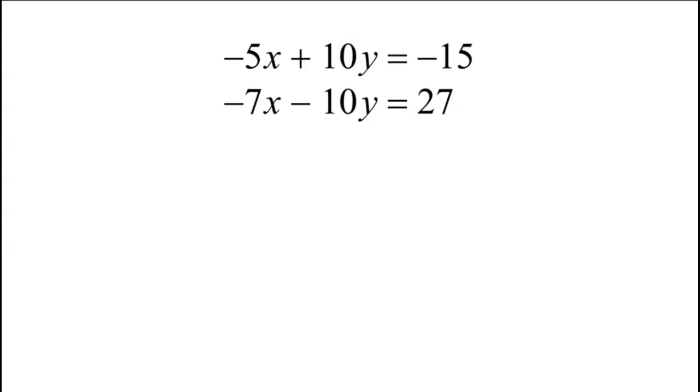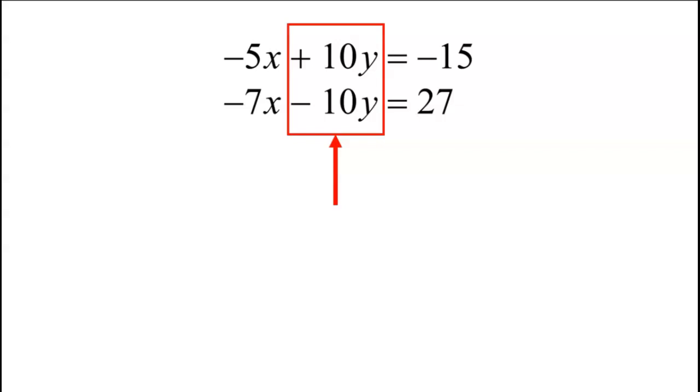If we look at this first example here, we have negative 5x plus 10y equals negative 15, and negative 7x minus 10y equals 27. If we notice the middle column there, the y values are the same value except they have opposite signs.